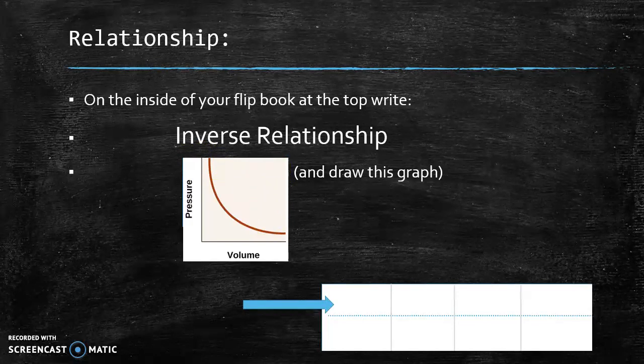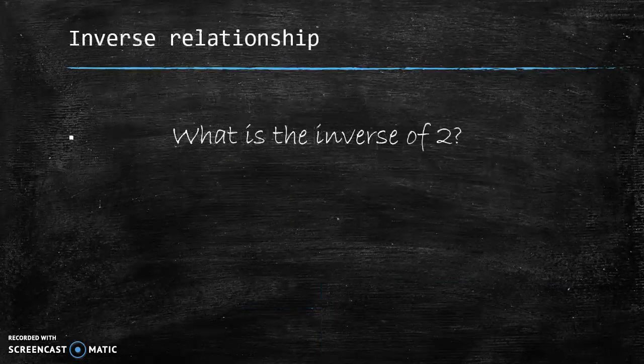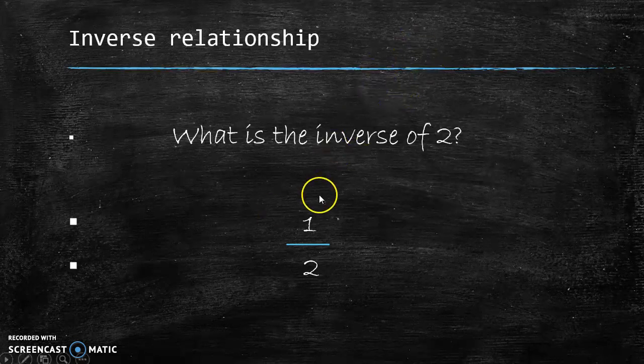So a review about what inverse is. If we had the number 2, what would the inverse be? It would be 1 over 2. So the inverse, in fraction form, is always 1 over the number that you originally have. So 1/2 is the inverse of 2.